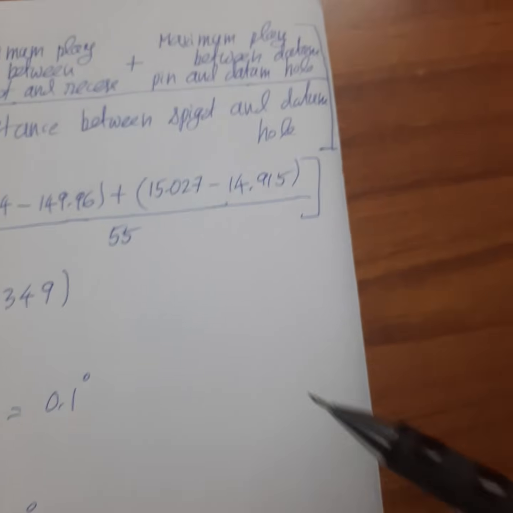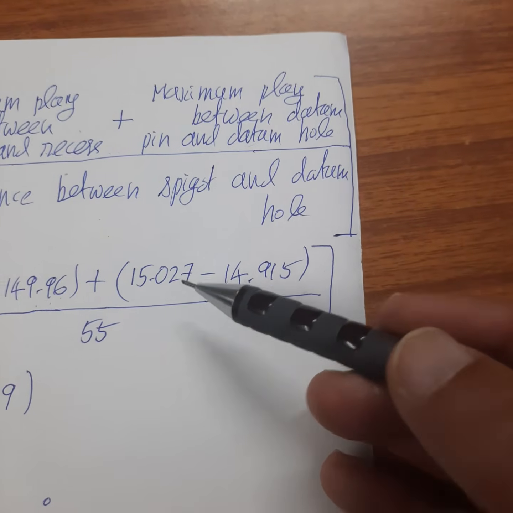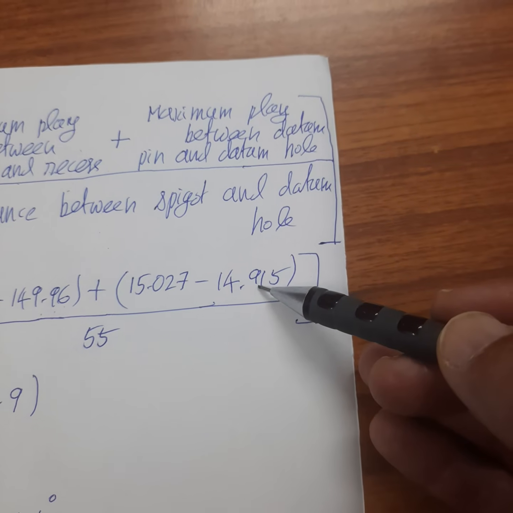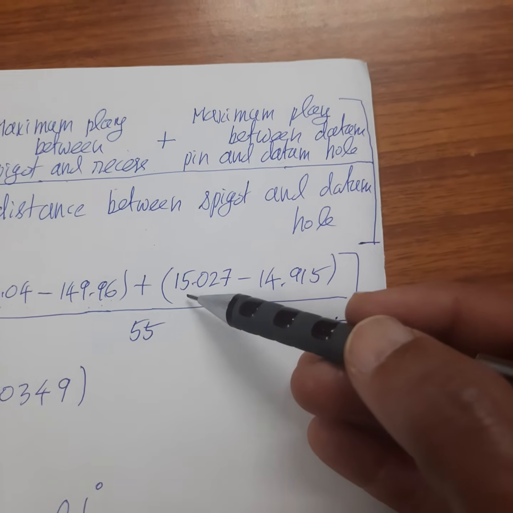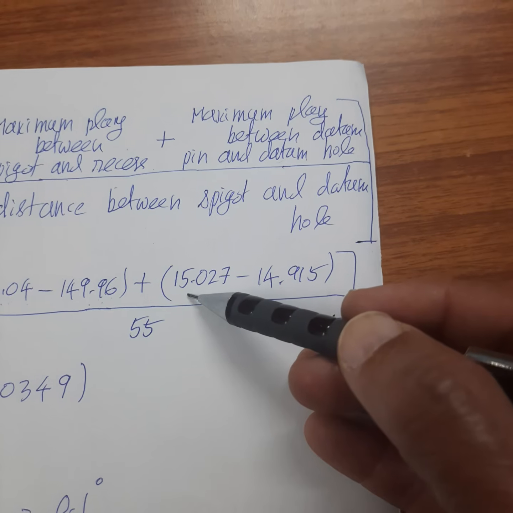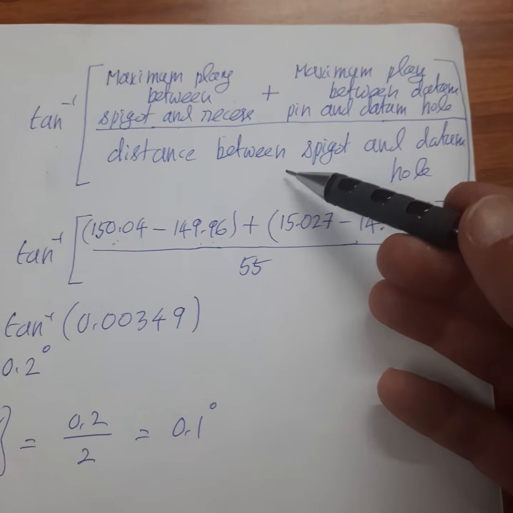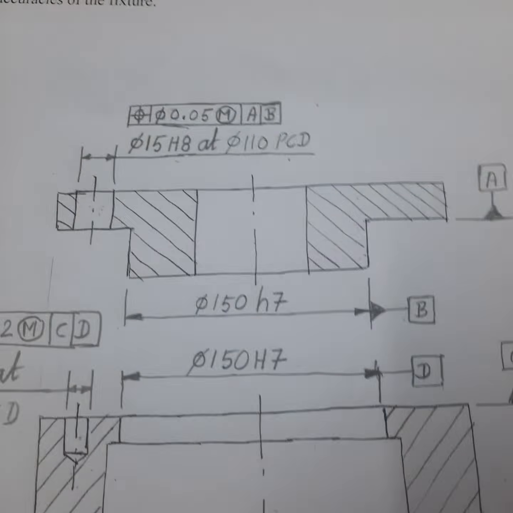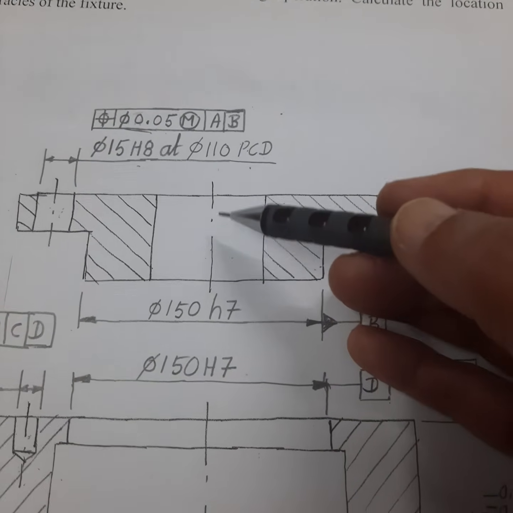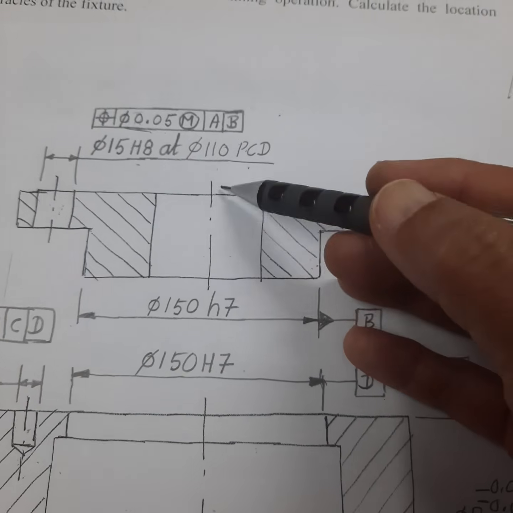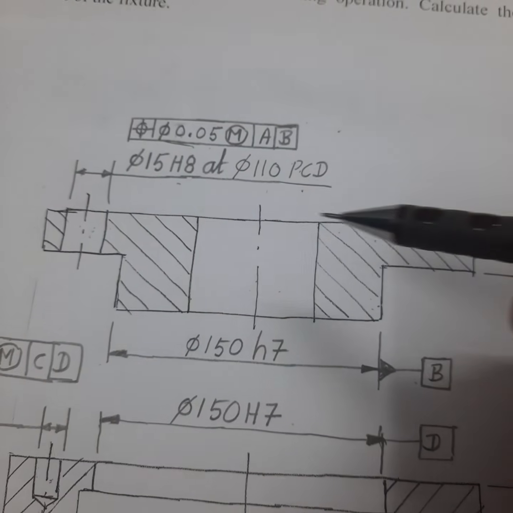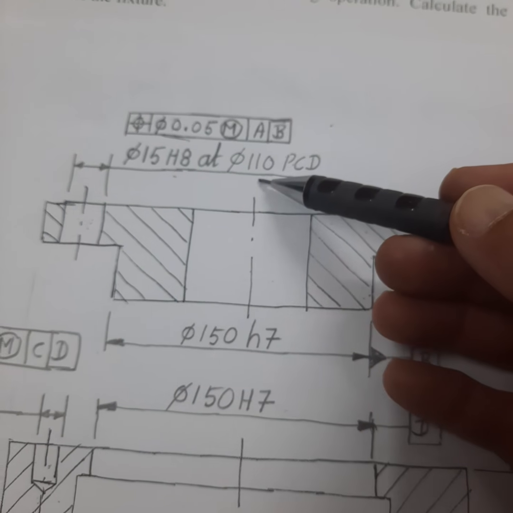So I can find the maximum clearance by subtracting the minimum diameter of the pin, 14.915, from the maximum diameter of the datum hole, 15.027, divided by the distance between the spigot and hole. So we have to substitute the distance between the spigot center and the hole center. Since the PCD is 110, half of the PCD is 55.